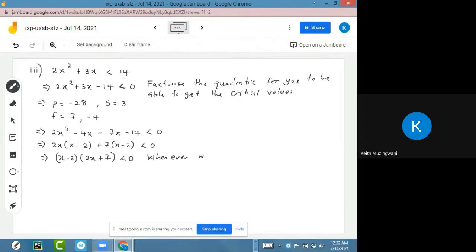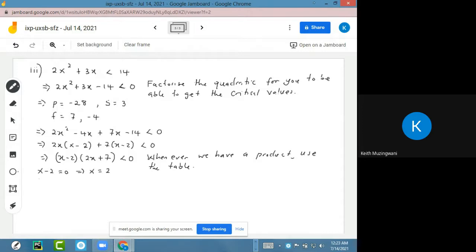Whenever we have the product, again use the table. So get the critical values. X minus 2 is equal to 0, giving us x is equal to 2.